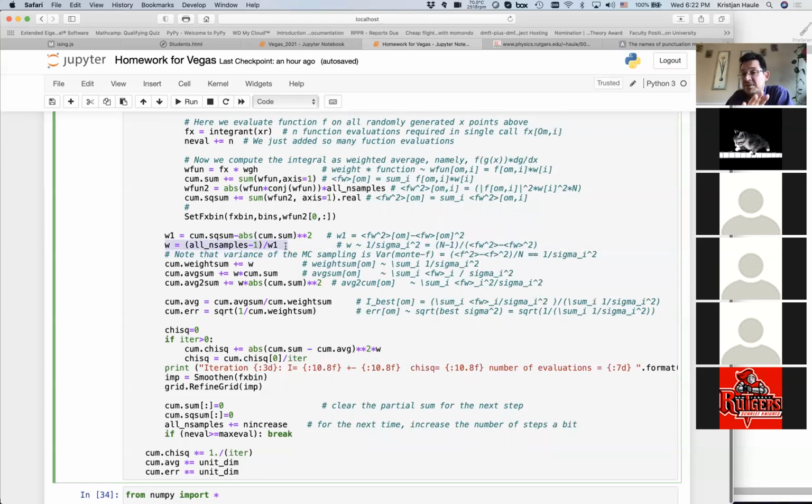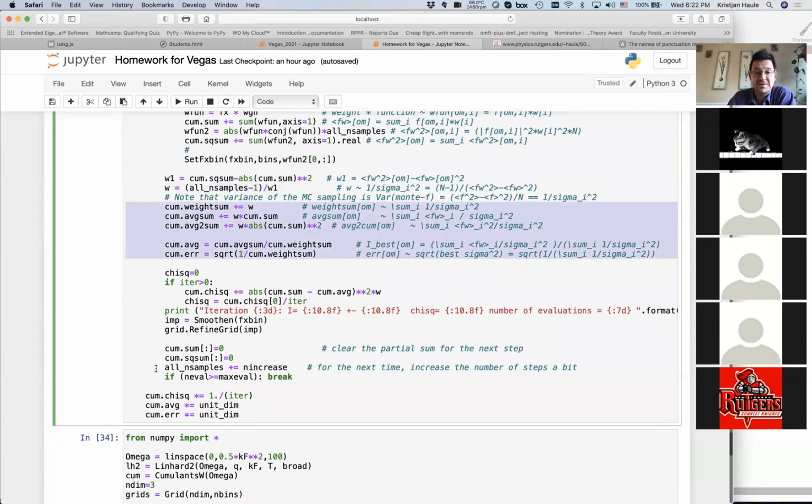But all the equations are identical. There is no change. You just need to remember that now everything is an array of frequency. And as far as I remember, all these things are calculated in exactly the same way as before.